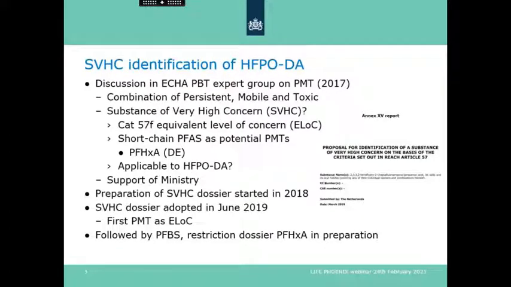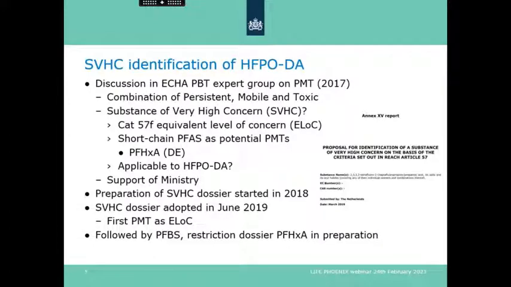At the same time that this substance evaluation was taking place, I think there were discussions in the ECHA PBT expert group, of which I'm a member too, on whether PMT substances, which have a combination of persistent, mobile and toxic properties, are equally of concern as PBT or CMR substances.